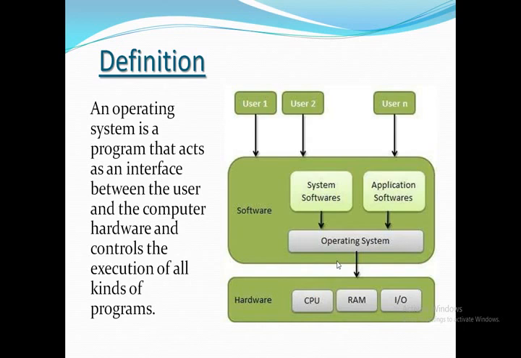Here an operating system acts as a middleman between the user and the hardware, where the operating system works as software, also known as system software, and it lets the user access the hardware such as CPU, RAM, and input output devices.